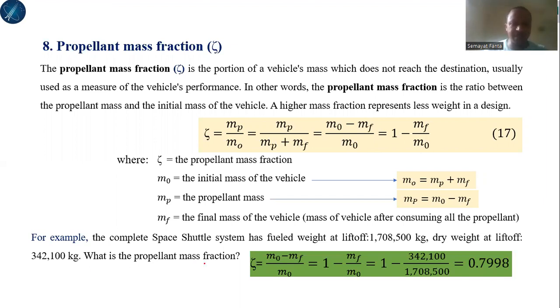So what is the propellant mass fraction? You can easily calculate it from this formula. You can use any of the formulas, and you get the answer: 0.7998 is the propellant mass fraction.